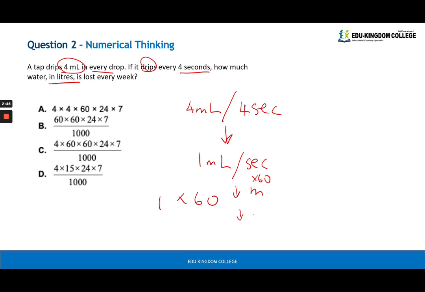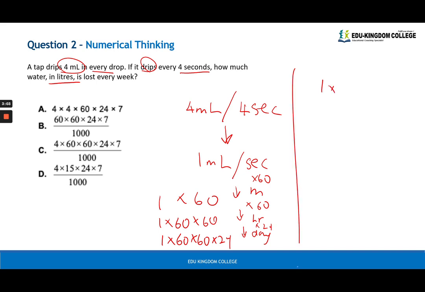And then for an hour, times what? 60 again, right? 1 times 60 times 60. And then for a day, 24, right? 1 times 60 times 60 times 24. Okay, and then in every week we have 7 days.